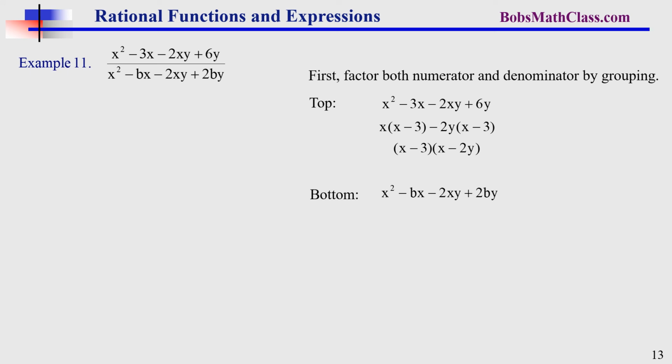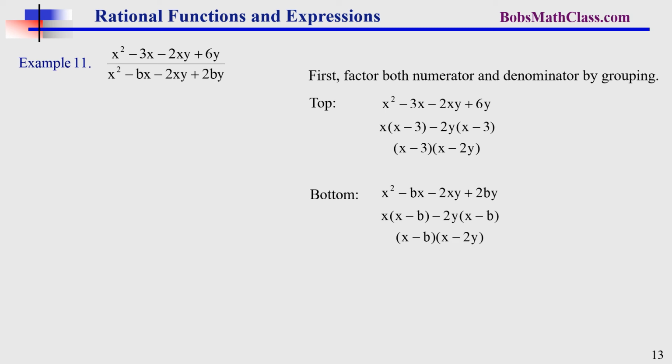What can we factor with the first pair? We could factor out an x. How about the second pair? Negative 2y. Sorry, I said that wrong. All right, so now the x minus b's are common.